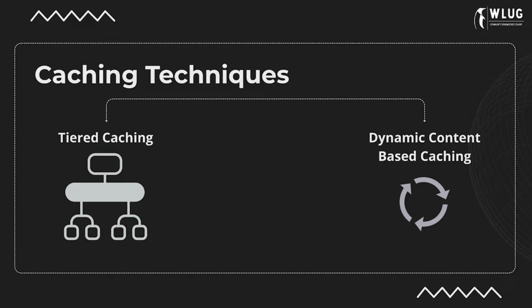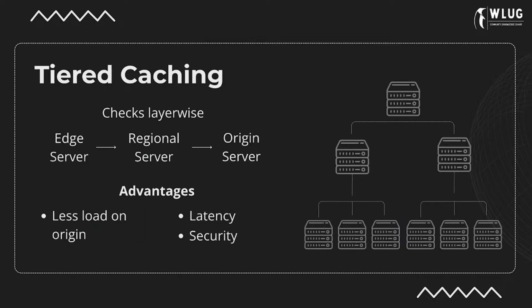Going forward, we'll be delving into some of the more advanced caching techniques, like tiered caching and content-based caching. So let's talk about tiered caching. What did we learn? When a request is sent, can somebody tell me the process?